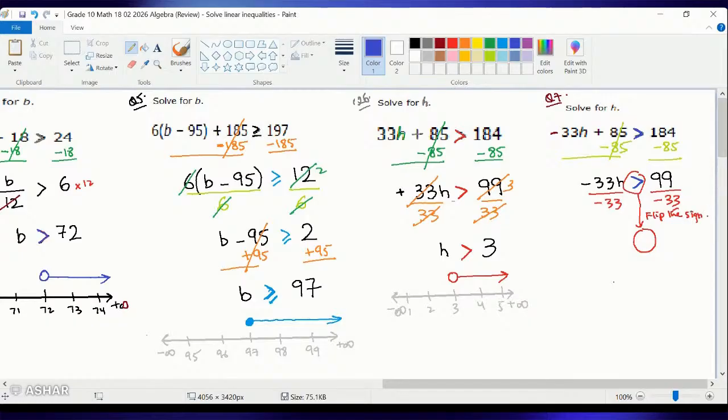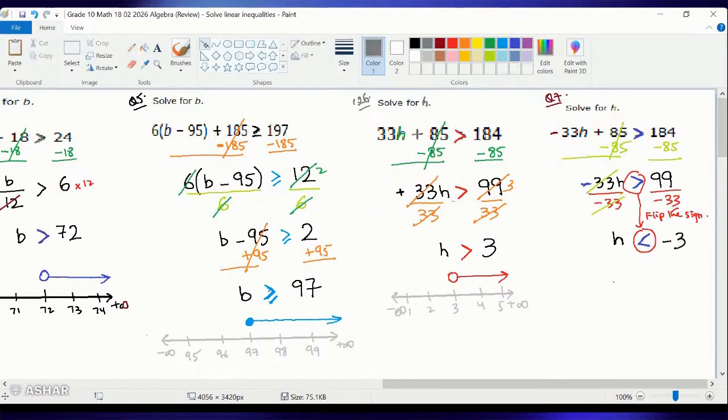Since this was greater than, it becomes less than because of this negative sign. Negative 33 is cancelled with negative 33. So h, which was previously greater, now becomes less than minus 3.